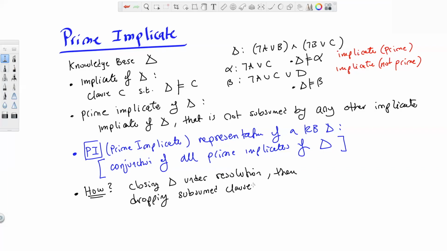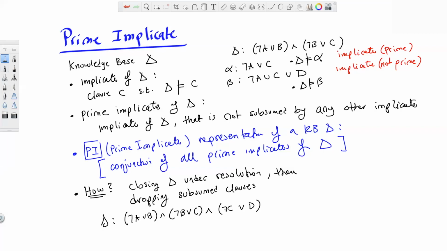So if I give you a knowledge base like this one, which is "not A or B", and "not B or C", and "not C or D", and then I tell you to go ahead and represent this in prime implicate form, as a PI, then what you will do is apply all possible resolutions to this. When you can no longer apply resolution, you throw away all of the subsumed clauses, and that's guaranteed to be the set of all prime implicates of the original knowledge base.